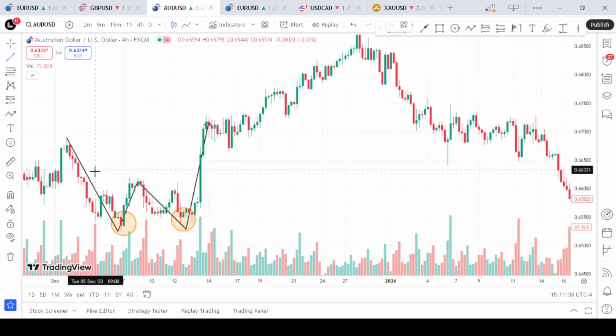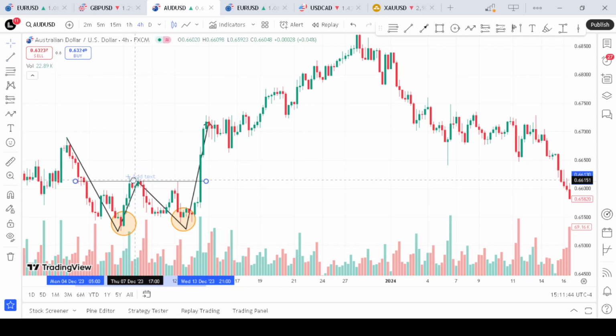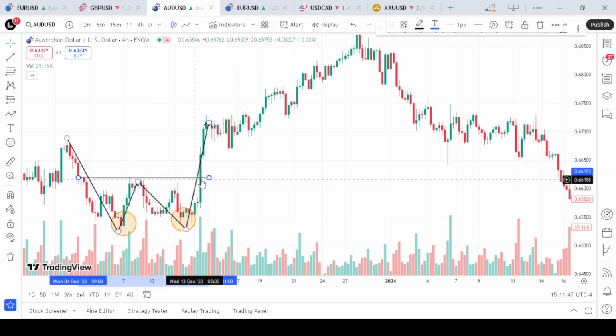This is our neckline, and we expect buyers to step into the market and break this neckline to confirm bullish sentiment and suggest upward movement.